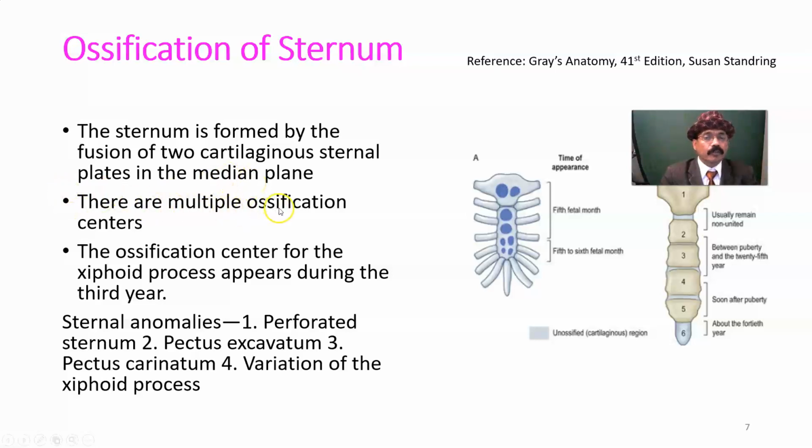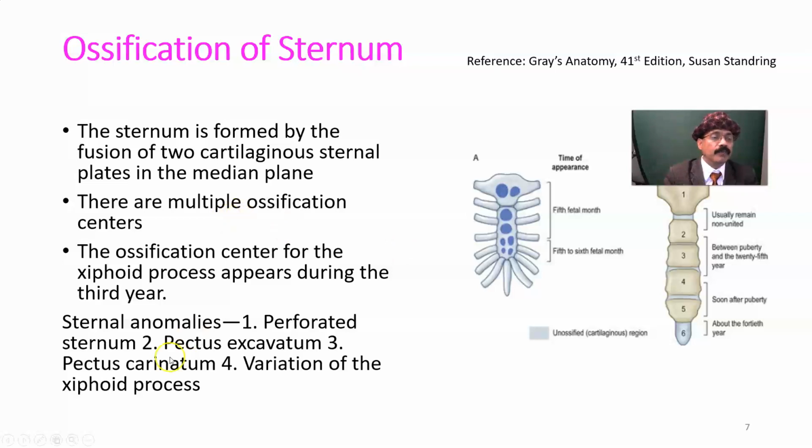There are multiple ossification centers. Okay, two for manubrium, one for the first sternebra, one for the second sternebra, second component of the body of the sternum, and two for the third, maybe for the fourth sternebra. So we have sternebrae 1, 2, 3, 4.